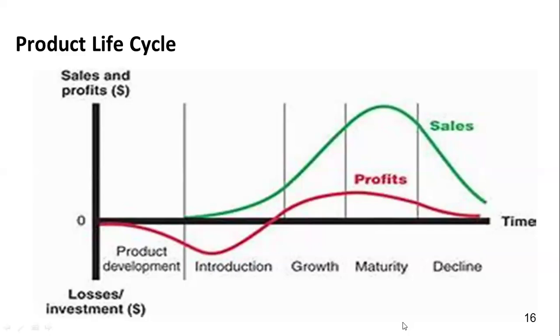As a human has a life cycle from birth to death, a product also has a life cycle. In this product life cycle, we are discussing, from the time of developing a product and introducing it to the market, how the sales and profit of a product will vary throughout the time.